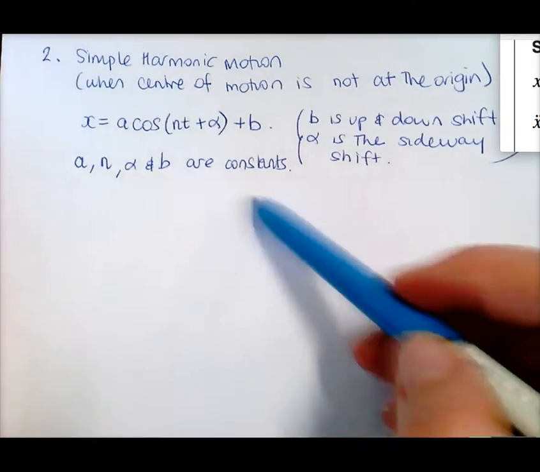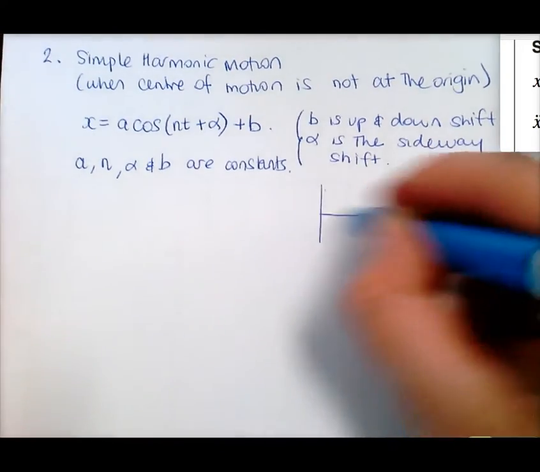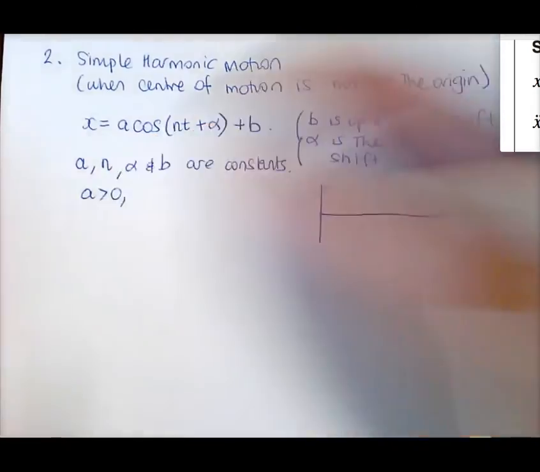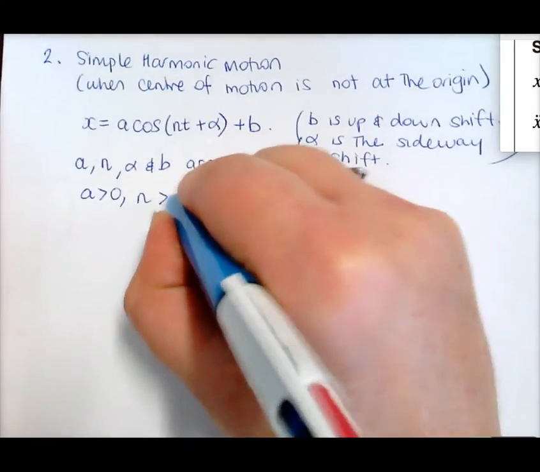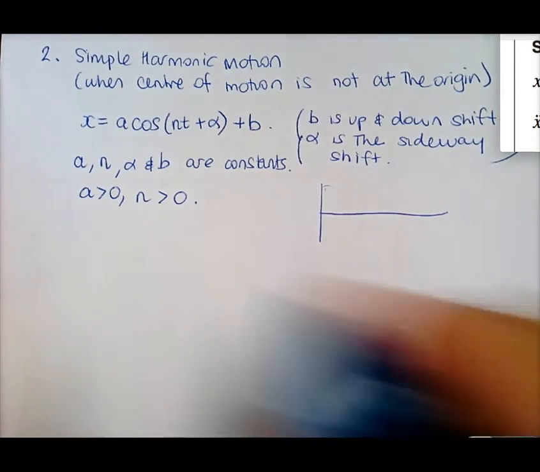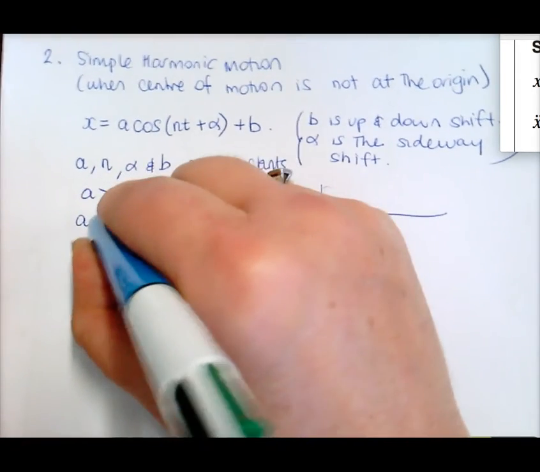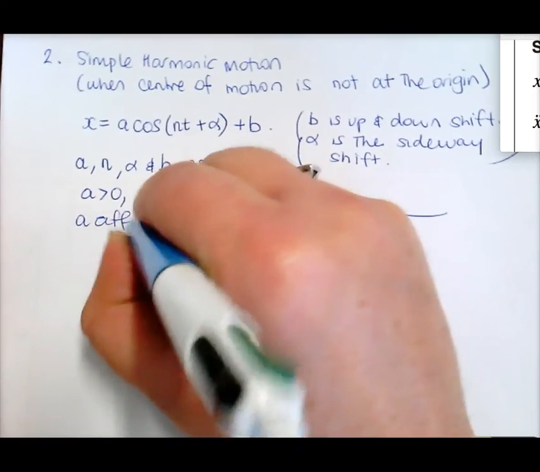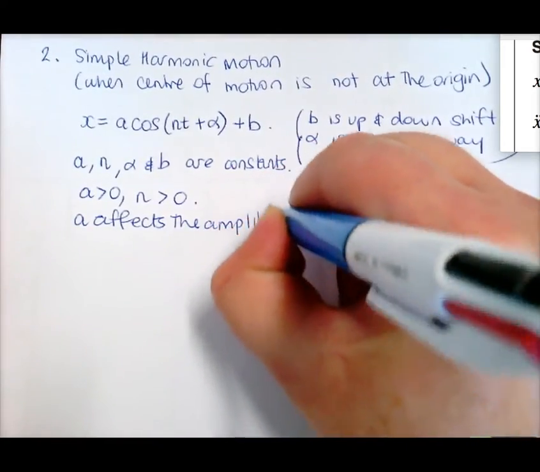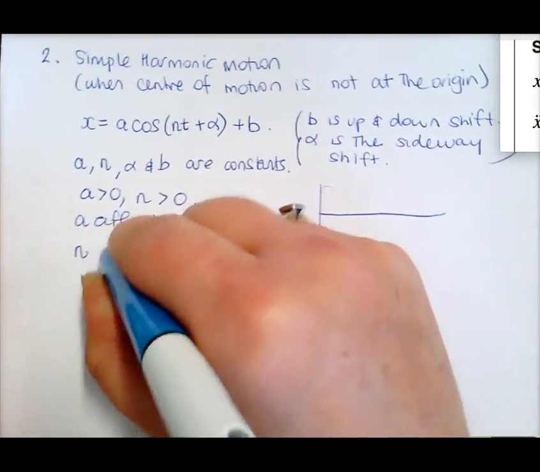Type of curve, if we start from the top, a will be positive, n is going to be positive. a is the amplitude, or a affects the amplitude. n affects what?